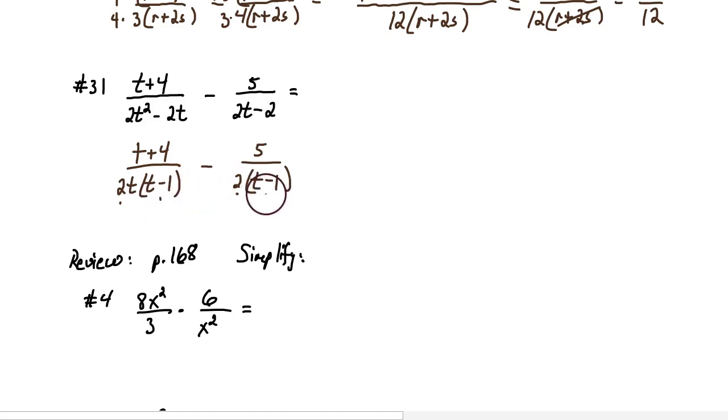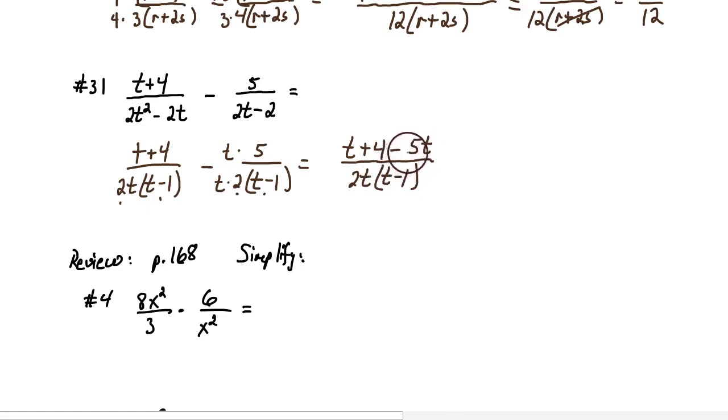They both have a t minus 1, so that's okay, but this one has a t and this one doesn't. We need to multiply top and bottom by t. So this will become t plus 4 minus 5t, all over our common denominator of 2t times t minus 1.